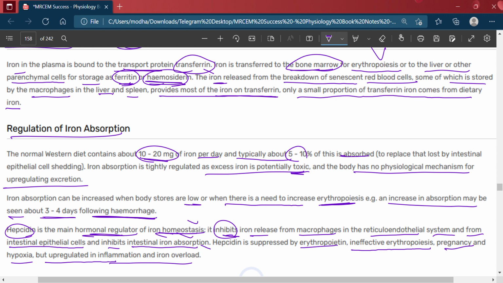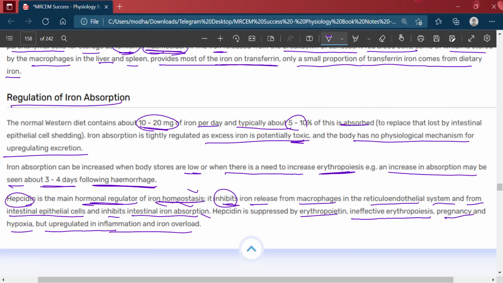Hepcidin is suppressed by erythropoietin, ineffective erythropoiesis, pregnancy, and hypoxia, but upregulated in inflammation and iron overload.